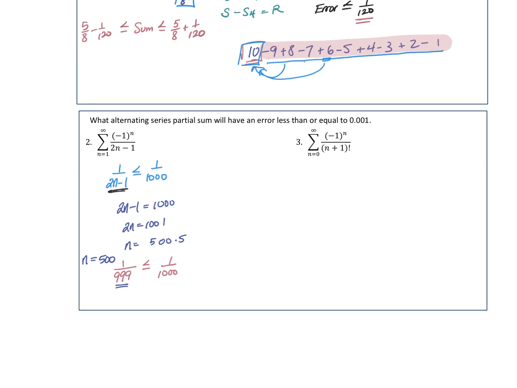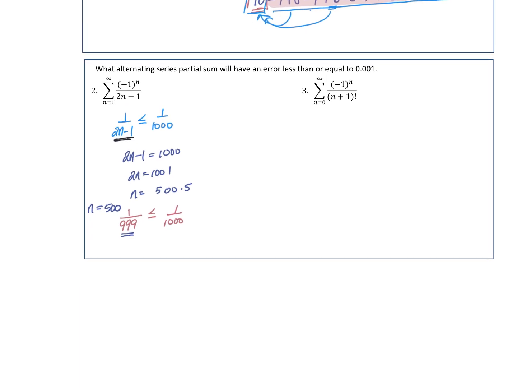Now I'm going to do when n equals 501. So if n equals 501, I'm going to plug it into here again. So you get 501 times 2, and then we take away 1, so we get 1,001 less than or equal to 1 over 1,000.